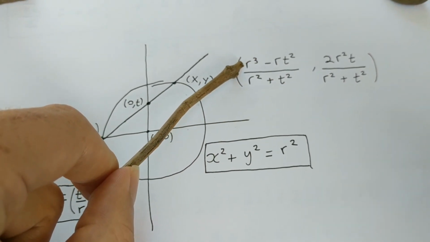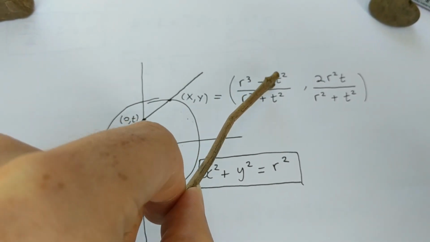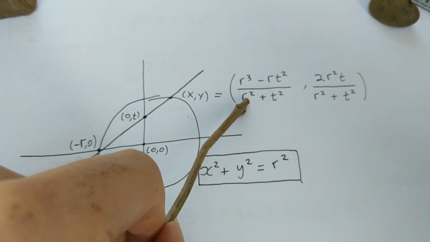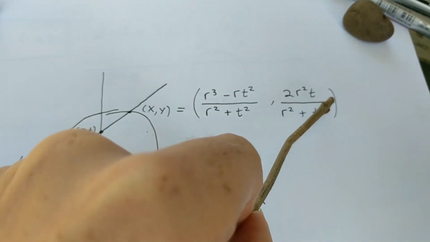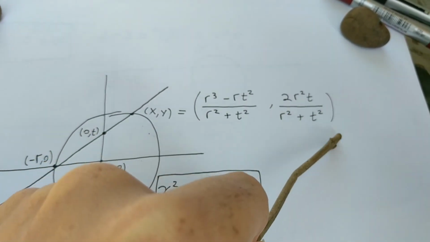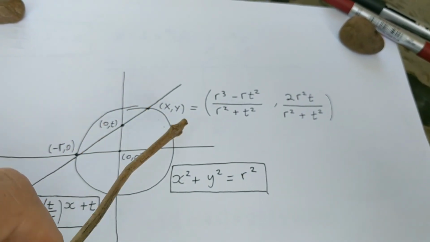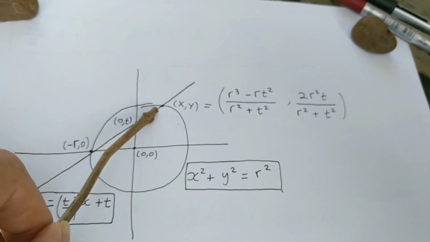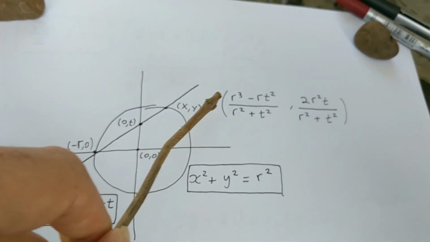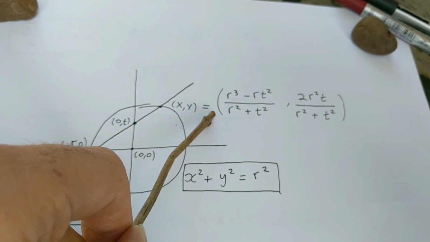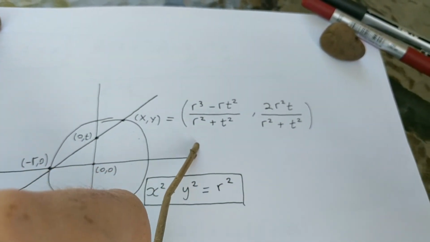And so for any rational number t, this point, which has x coordinate r cubed minus r t squared, all divided by r squared plus t squared, and y coordinate 2 r squared t divided by r squared plus t squared, is a point on this radius r circle. Moreover, every rational point on this radius r circle can be written in this type of form. So basically this is a rational parameterization of the circle.